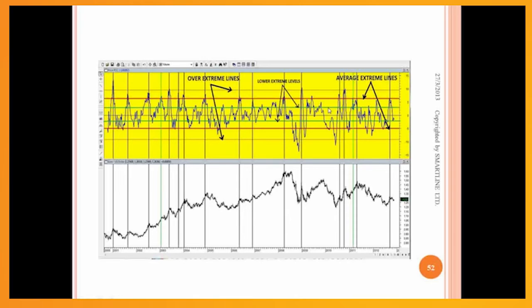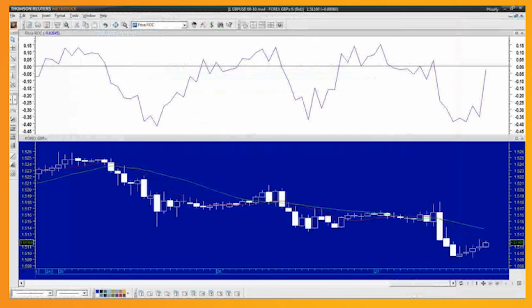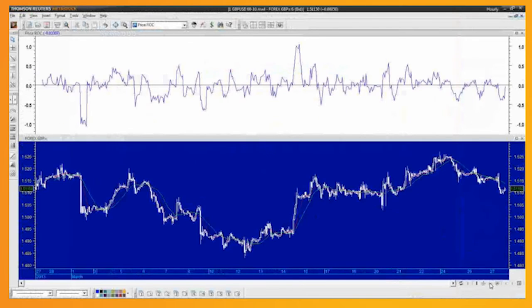In this case, I will cover the average extremes. Look at how I can see the average extremes on the rock. Using the sterling, I go now to see the history of this instrument. I can see that we have an over extreme here.